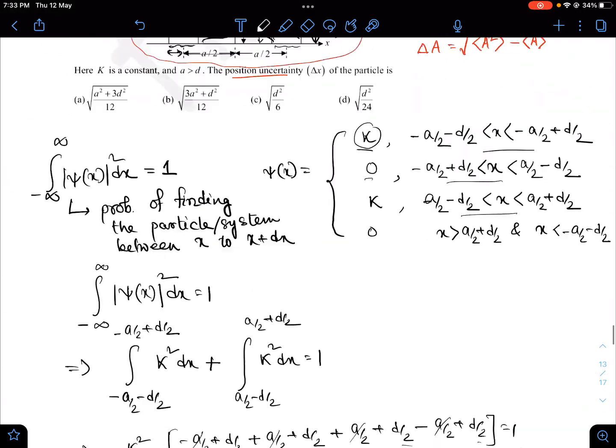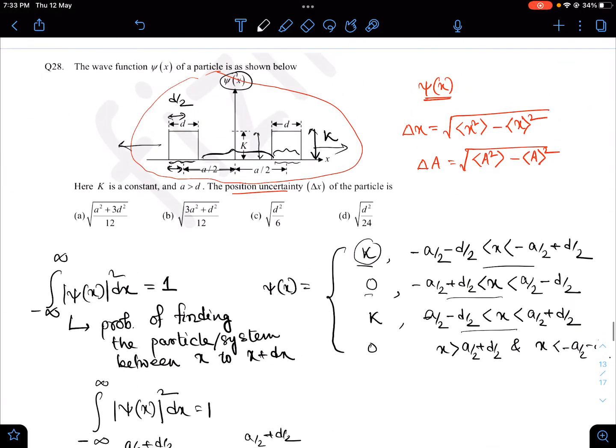So the correct answer is this. In a similar way, you can calculate the uncertainty of any observable. Here we did it for position, and similarly you can do it for momentum or any other observable. You just have to calculate the first order moment and second order moment of the observable, and from this formula you can get the uncertainty value.